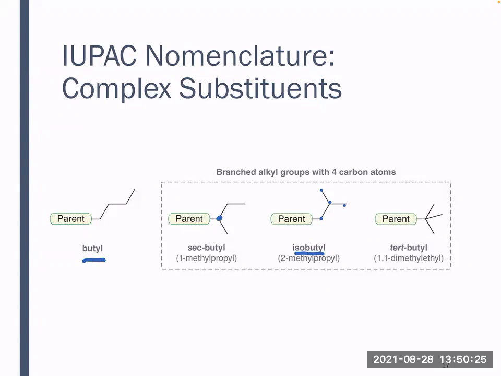And then tert-butyl looks like this. Again, you could use these names down here in parentheses, but they are definitely not anywhere near as common as sec-butyl, isobutyl, and tert-butyl. So you really should be using the more common ones. And that's what I will be using in the class. And most books and things like that will be using sec-butyl, isobutyl, not 1-methylpropyl or 2-methylpropyl.